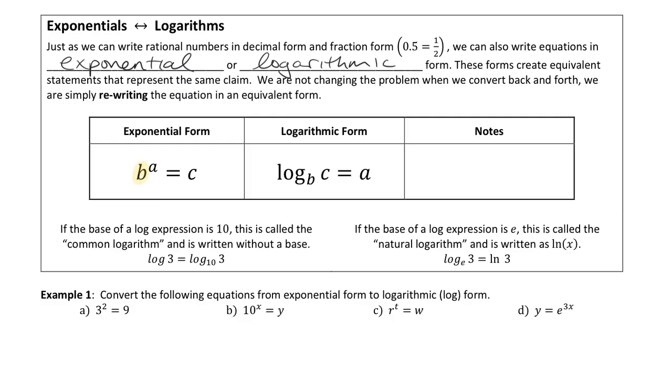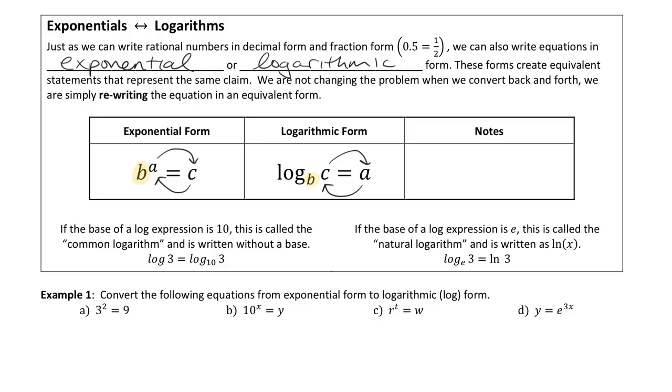So notice the base is here as a base. The base becomes a subscript behind the word log. It's a subscript of the logarithm, meaning it's the base of the logarithm. And then notice that all that happened is the a and the c switching places. Yes? That's called the log loop.